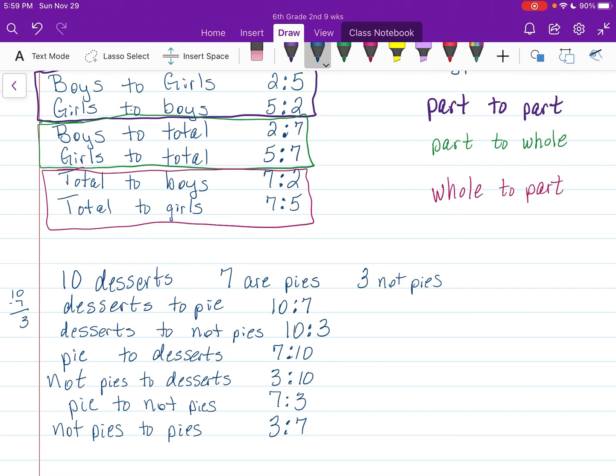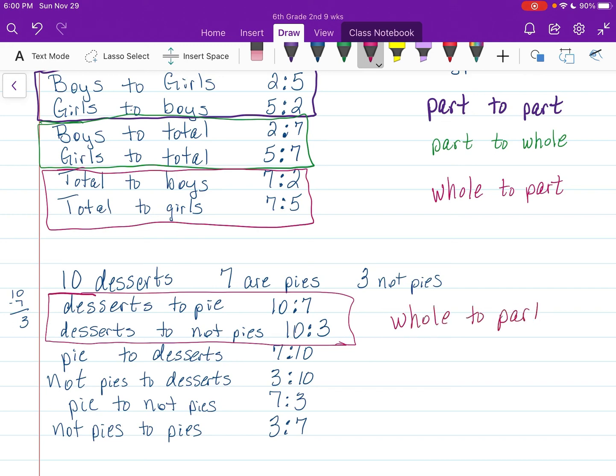All right, let's go ahead and label them for our notes. So these are whole to part. Miss Johnson, spelling is terrible sometimes. At least I caught it. So whole to part. And then part to whole.